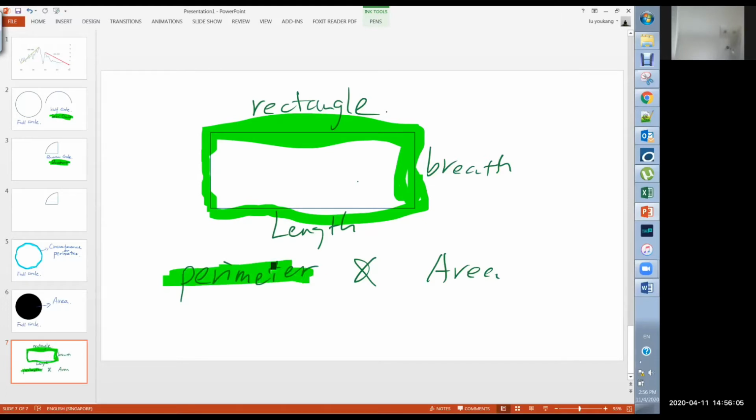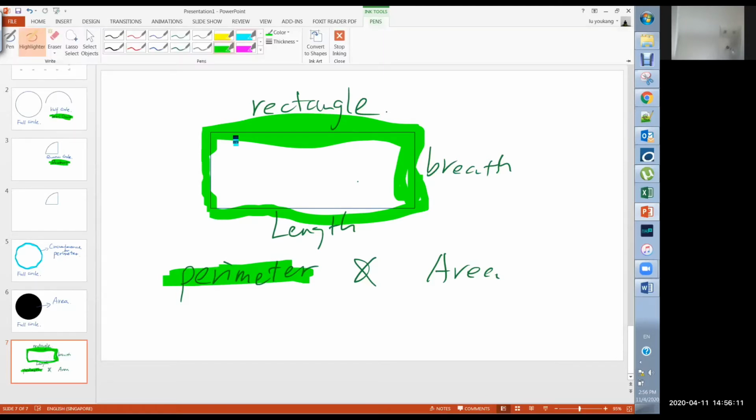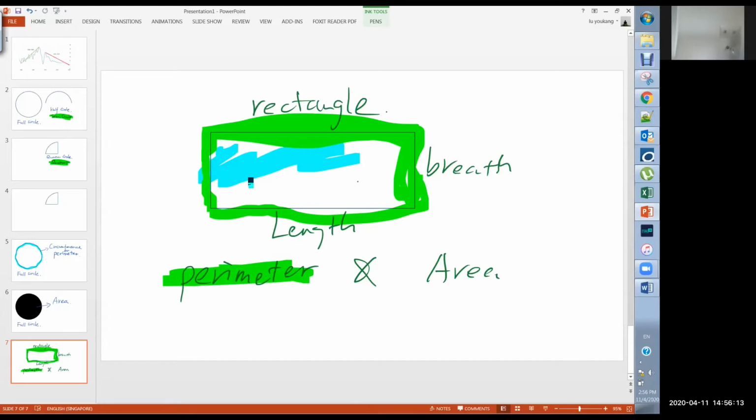Okay, right. And then which one is the area? The inside. This is the area, right? Okay.